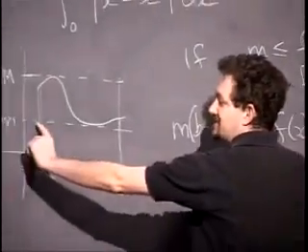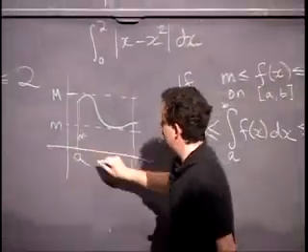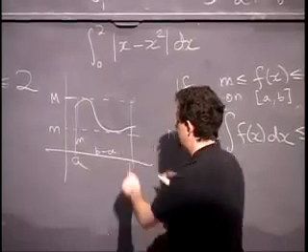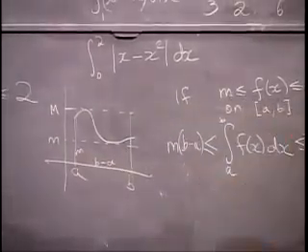Now, bear in mind, that is height little m and width b minus a. So that's where that formula comes from.